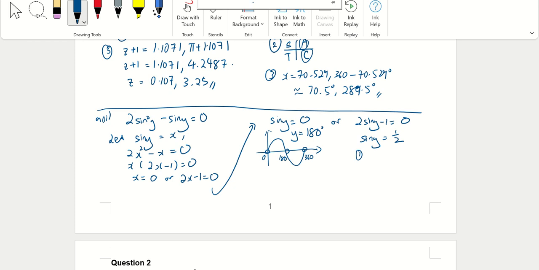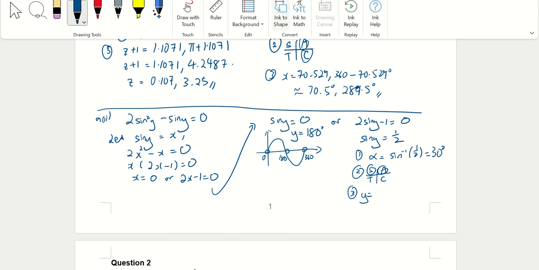For sine y equals half, I find the alpha. Sine inverse half gives me 30 degrees. The quadrants will be the first and the second.